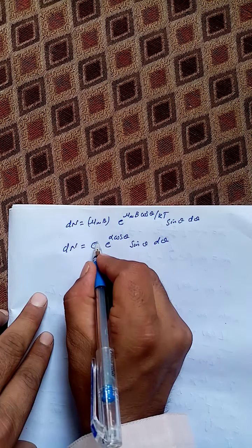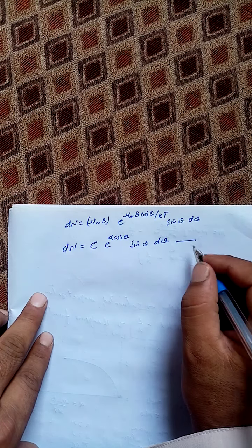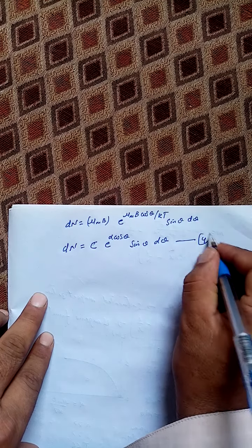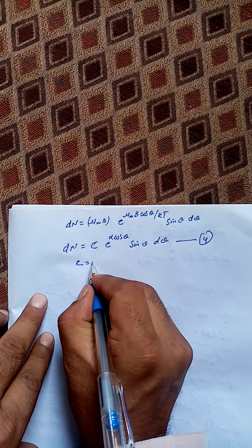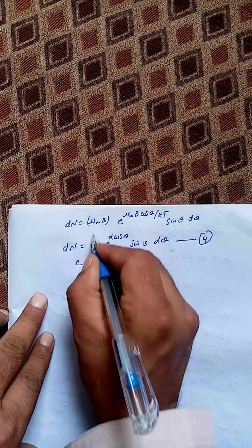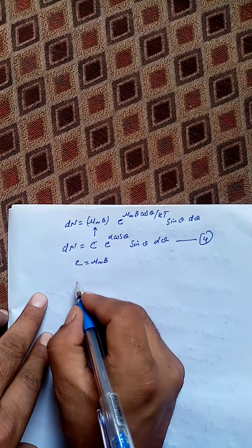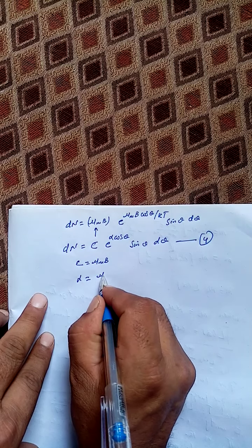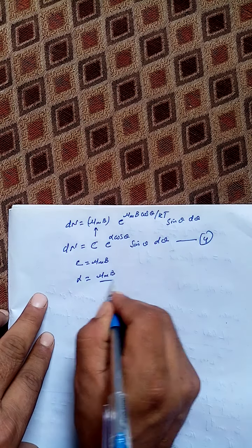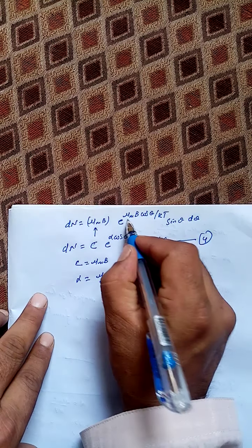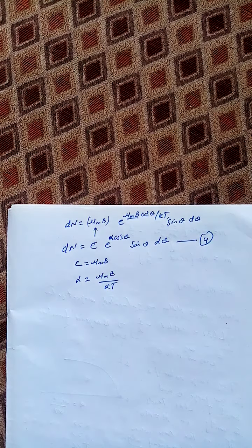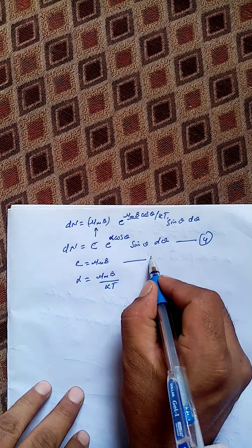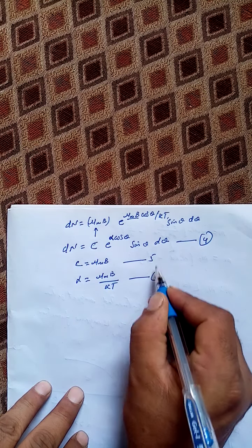Now this is equation number 4, where we introduce C, where we define C equals mu m B, and alpha equals mu m B over kT. Like mu m B over kT, I replace it by alpha, and this is equation number 5, and this is equation number 6.